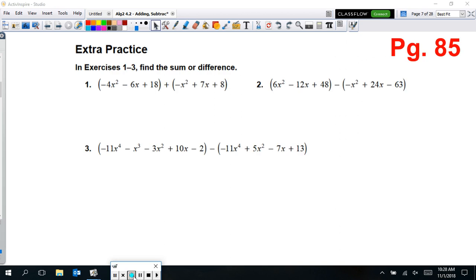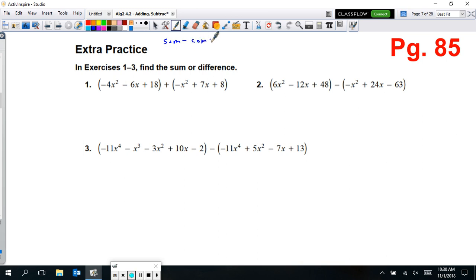Okay, if you can go to your notes on page 85, we're going to see the extra practice 1 through 3. It says find the sum or difference. So sum here would be where you're going to add them. You're basically combining like terms and you're adding them. So when you see the word sum, let's go ahead and write this right above here for sum. When you see the word sum, that basically just means you're going to combine like terms.